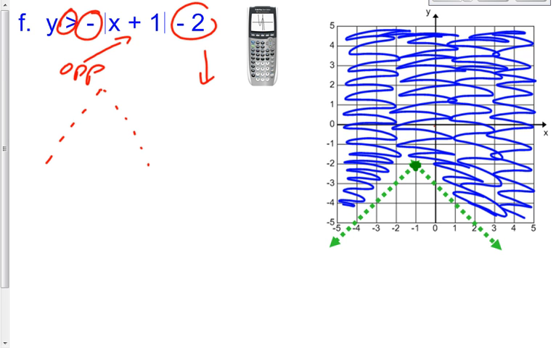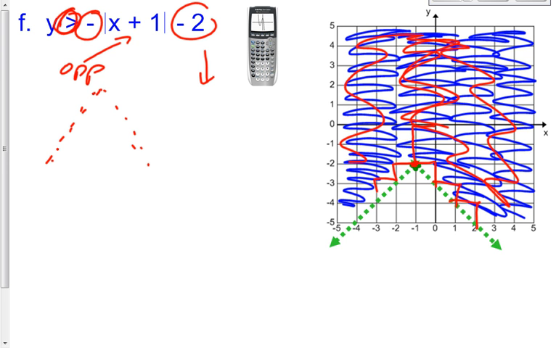So you're going to go left 1, down 2. There's your vertex. It's going to be a dotted line, and your slope is always 1, 1, 1, 1, and so on and so forth. So that's how we got that one. And then because it's greater than, you're going to shade everything above the line. So you're going to shade everything up here.